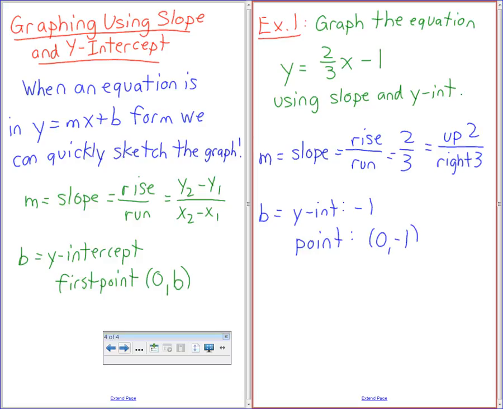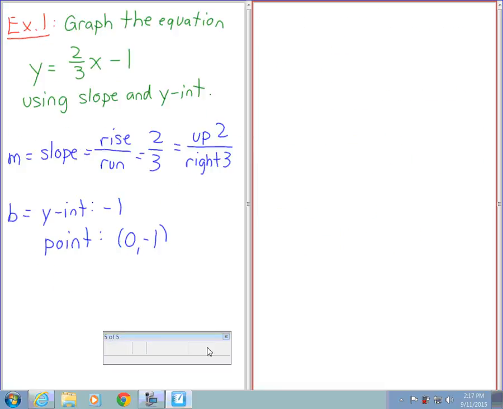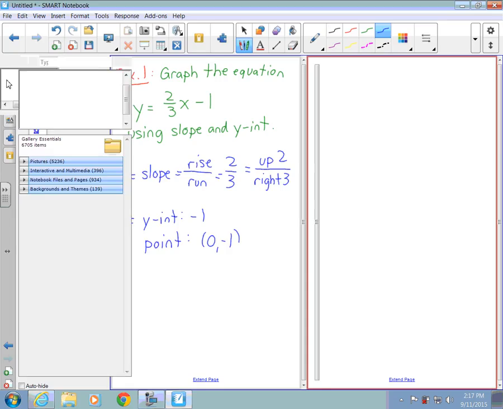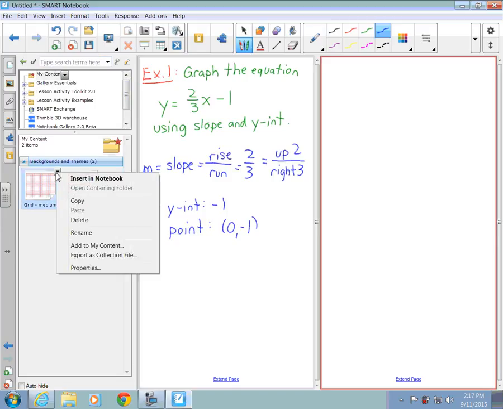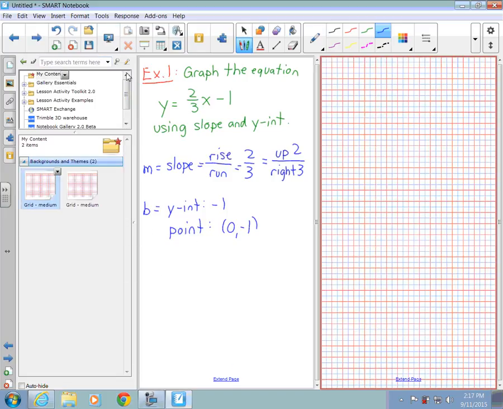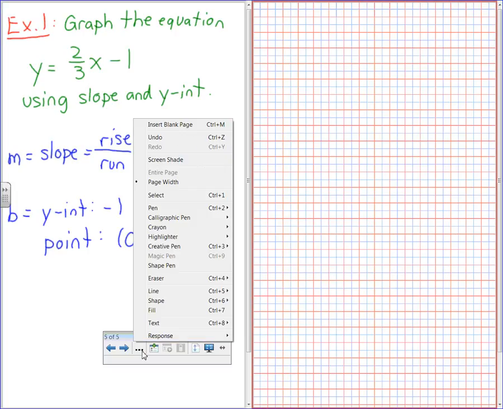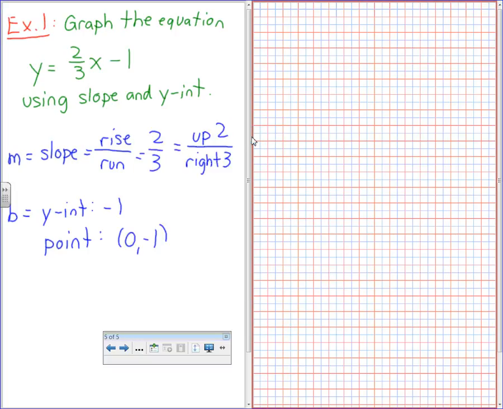Alright, here we go. So get your graph drawn up, please. So we'll do the graph paper here in the middle. Okay, we'll have a beautiful ruler, hopefully, that we're using.